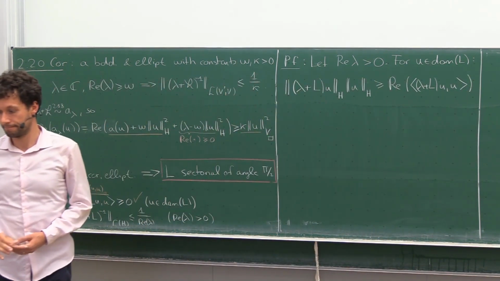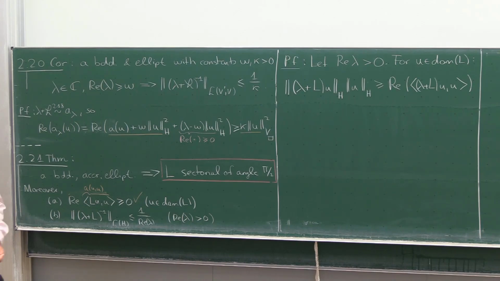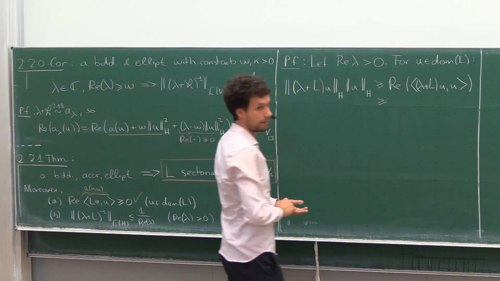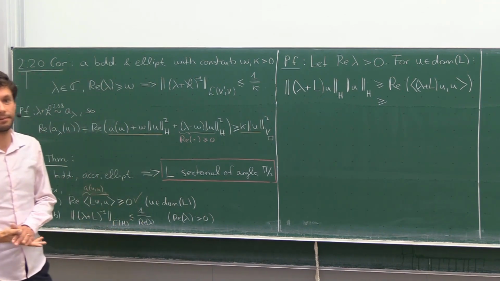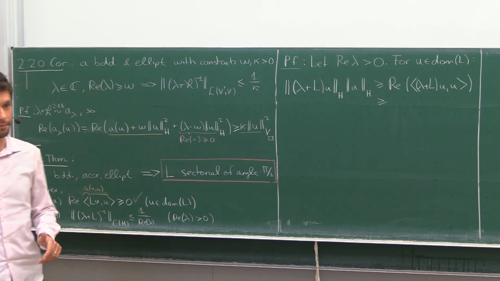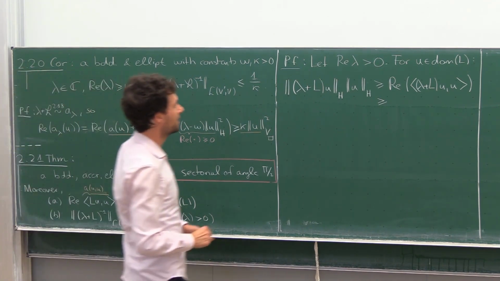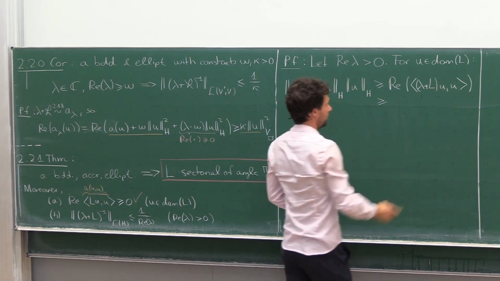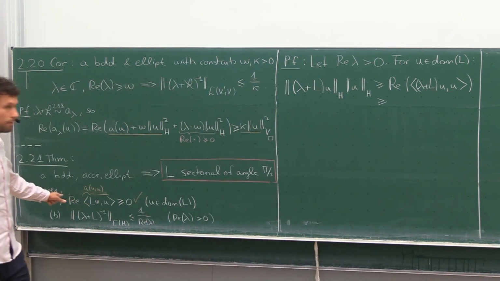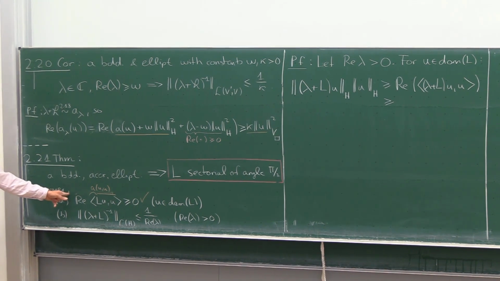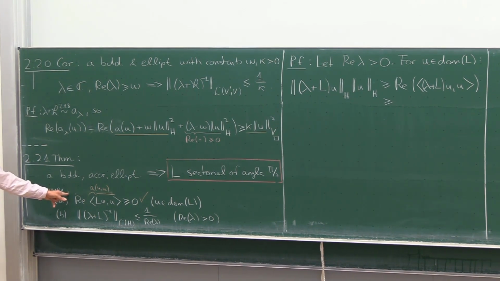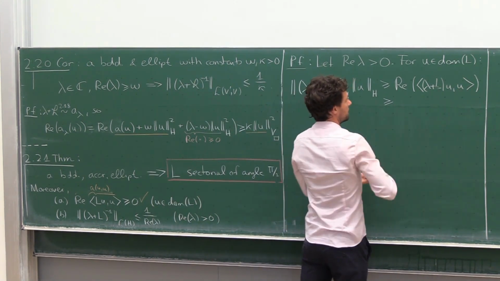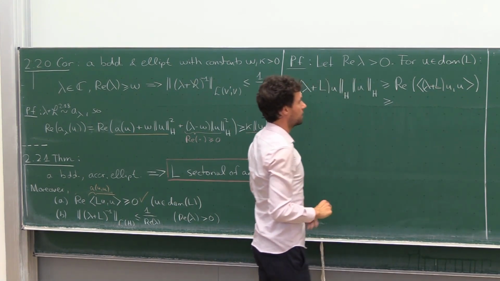Okay? And then, it's not really a hard thing, is it? But estimating things from below is always confusing, somehow. I don't know why. If you look at the inner product, when the LU hits the U, then you can use this property A, which is a straightforward consequence of the accretivity of the form, to tell you that this contribution is just larger or equal to 0.